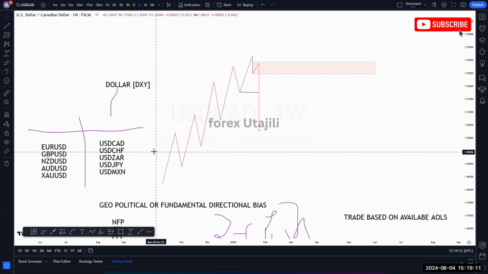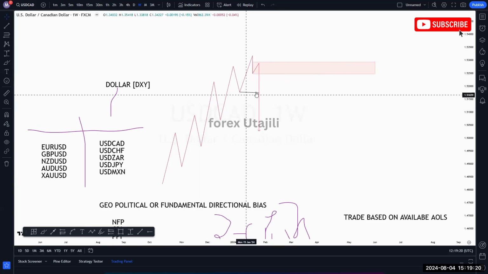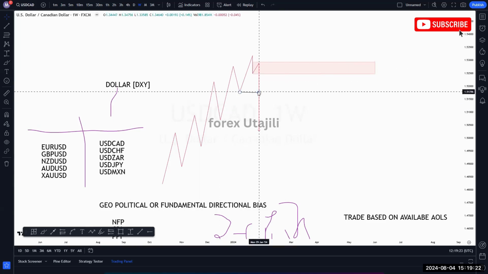Now, let's assume we are having CPI. We are just assuming we are having CPI, and we have this structure on the dollar index, the DXY.